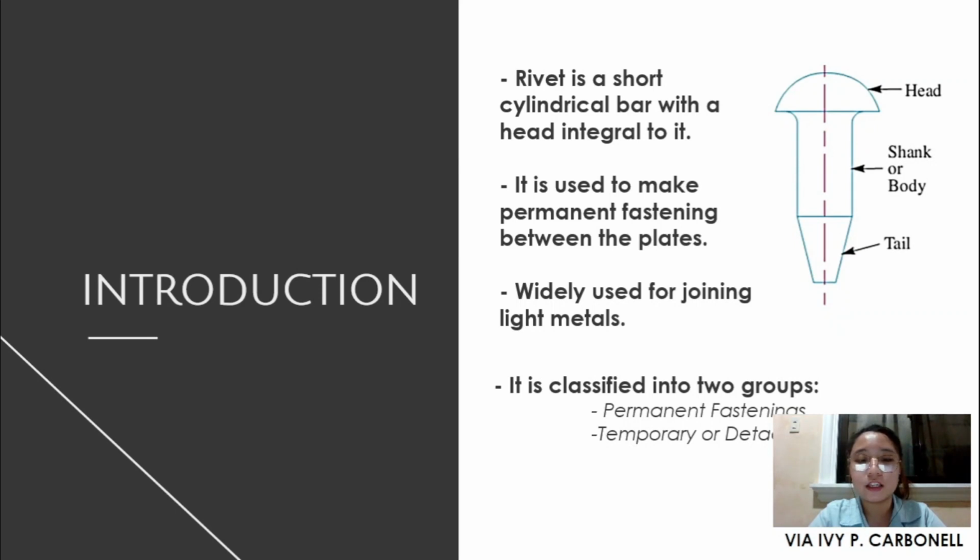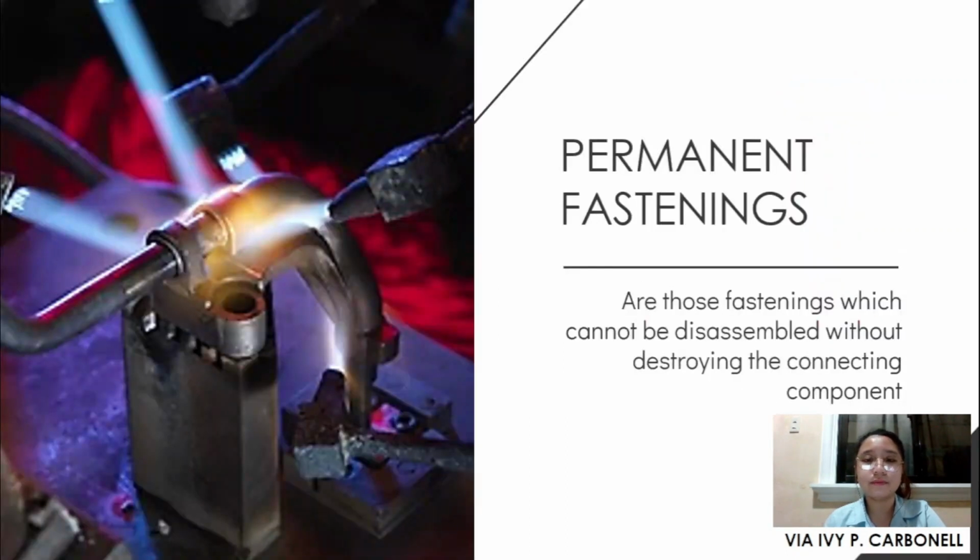So the fastenings may be classified into the following two groups, which are the permanent fastenings and the temporary or detachable fastenings. For the permanent fastenings, as you can see here in the picture, or in the name itself, permanent, these are the fastenings which cannot be disassembled without destroying the connecting component.